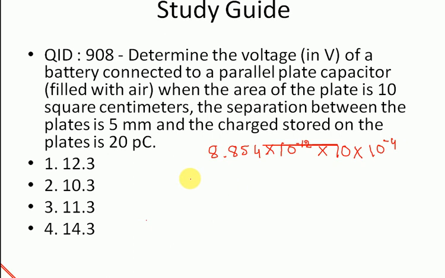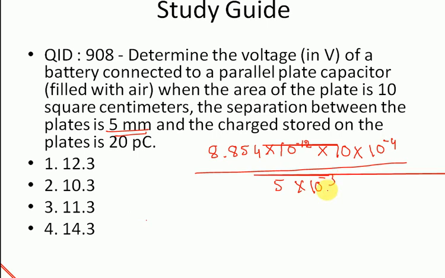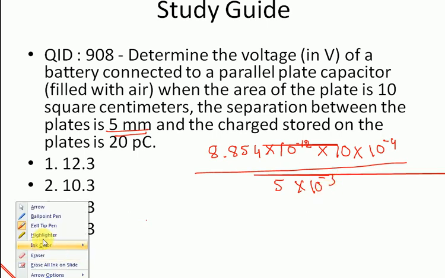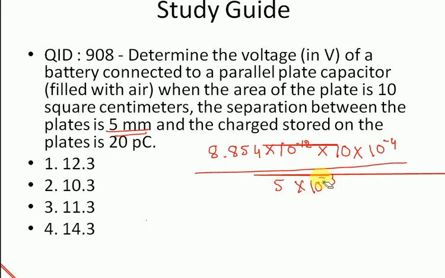Now C equals epsilon naught A by D. What is D? D is given here as 0.5 millimeter. As I am using the digital pen, yes, there are some problems in digital pens, but with your ballpoint pen there will be no problem, and you will not require as much time as I am taking. I am just elaborating it, but I don't take so much time.